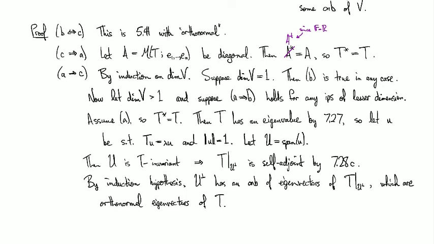But then when we throw in this last one that we just got, then we win. So adjoining u to this list completes that orthonormal list into a basis. And we've got it.